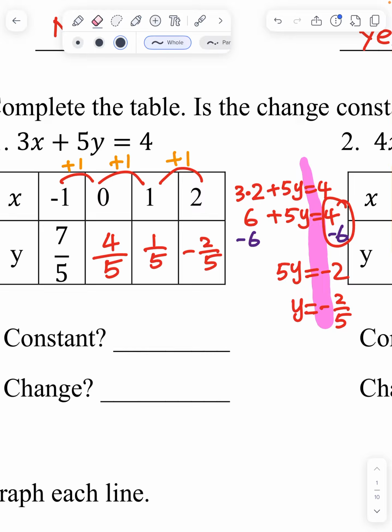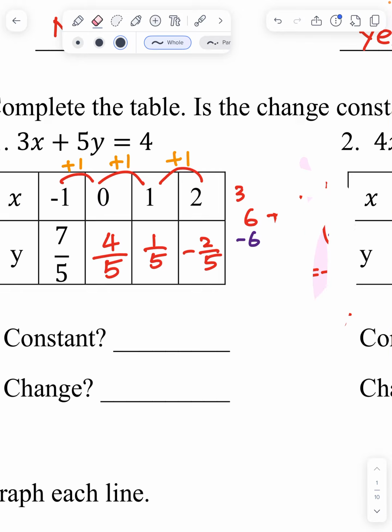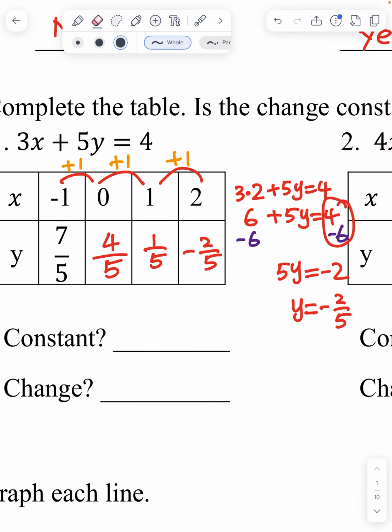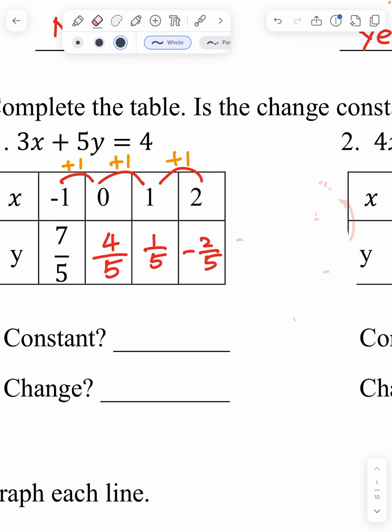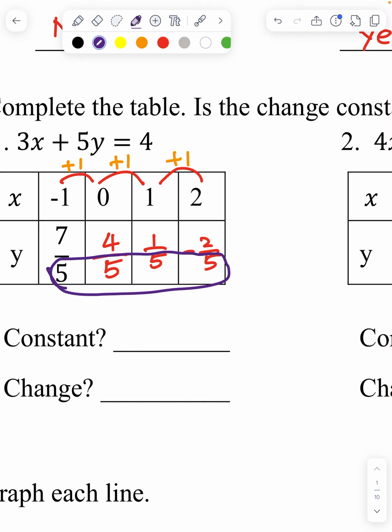Okay, let's take a look at the change of the y value. Because the denominators are all the same, all we need to do is figure out the change of the top, the numerator. From 7 to 4, we have to subtract 3.